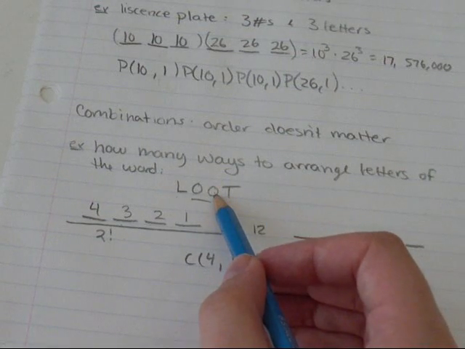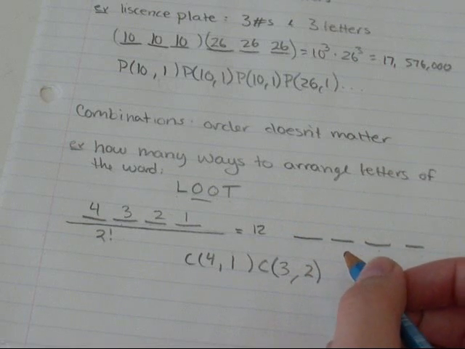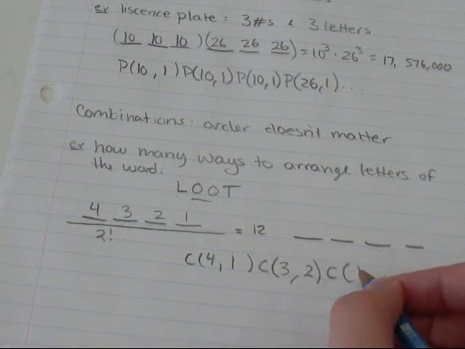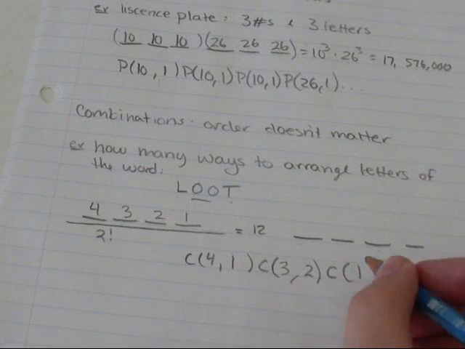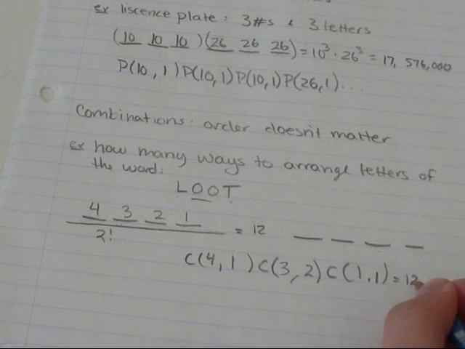I've got 2 O's, so I need 2 spots to put an O. So 3 choose 2, and then I've got 1 spot left, and I'm going to put my T in that 1 spot. So you'll find you'll get exactly the same answer. You will get 12.